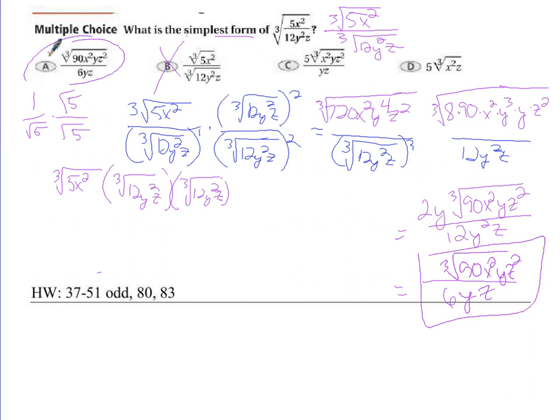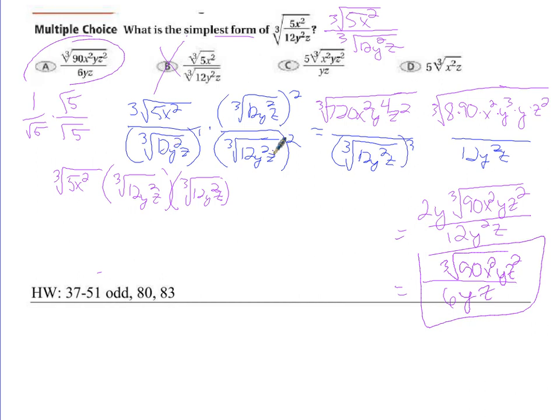So the point on this problem is, I know it gets disgusting very quickly and there's a lot of work to do, but when you have a cube root in the denominator as we had here, you're not just multiplying by a fancy 1 that is the denominator exactly. You have to make the exponent match the degree, and that's what we did here. We said this thing is to the first power.